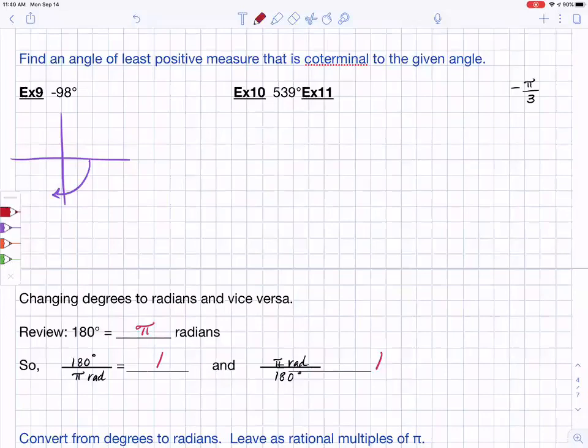But if I were to go, let me go ahead and draw an angle. If I were to go this direction, where would that same angle be? Tell me, first of all, how you're going to get that. Don't just give me a final answer. How do you get that?